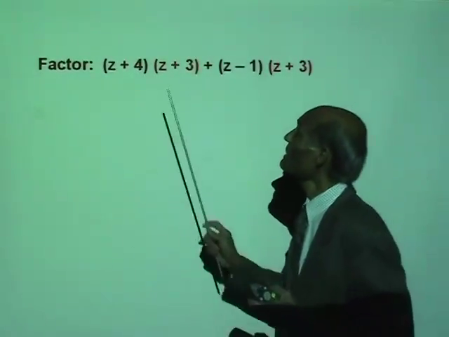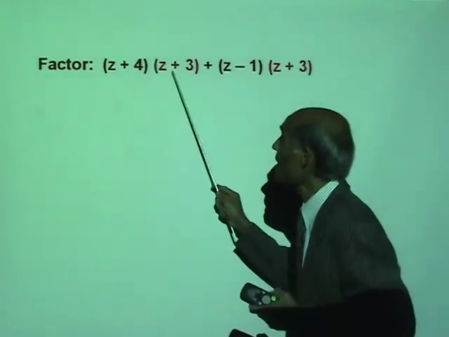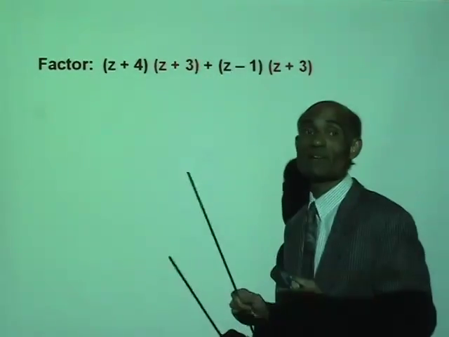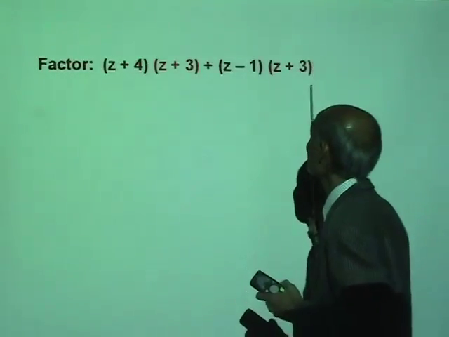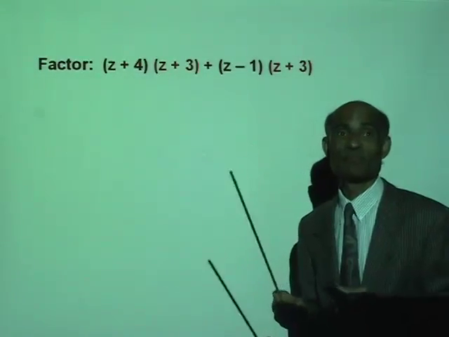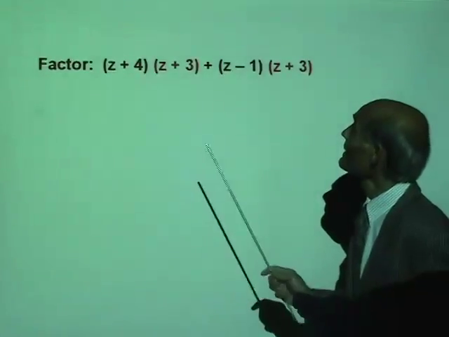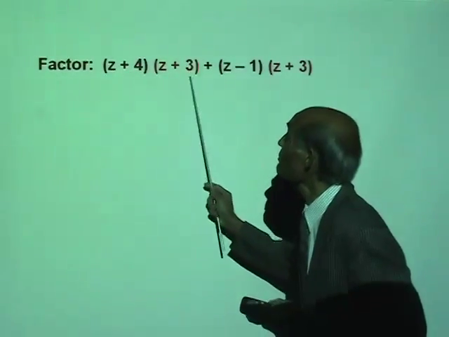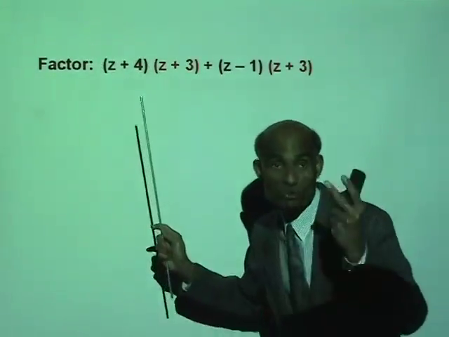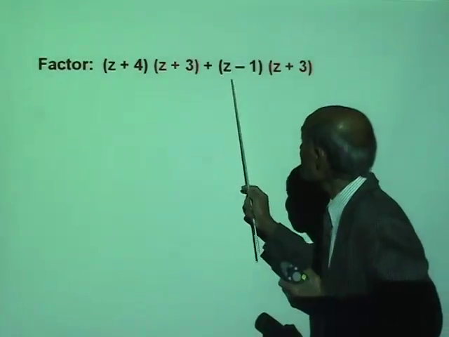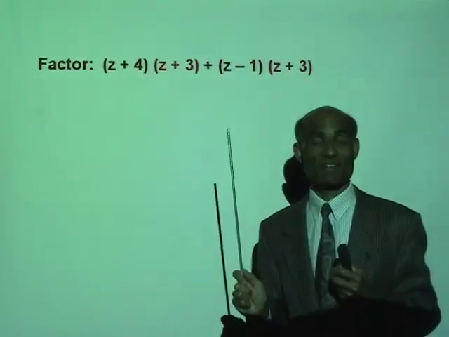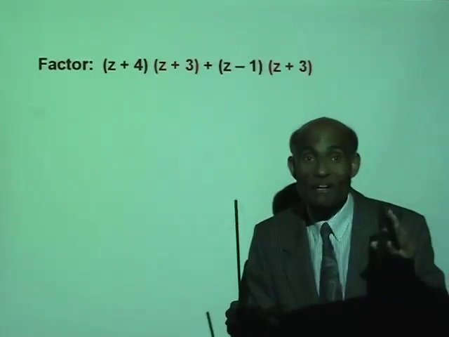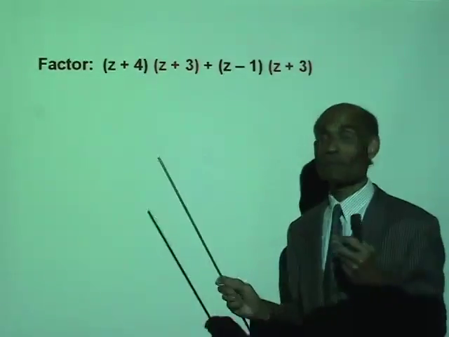Factor (z plus 4) times (z plus 3) plus (z minus 1) times (z plus 3). Well, this is the first term that has two factors. This is the second term that has two factors. Can you identify a common factor for those two terms?